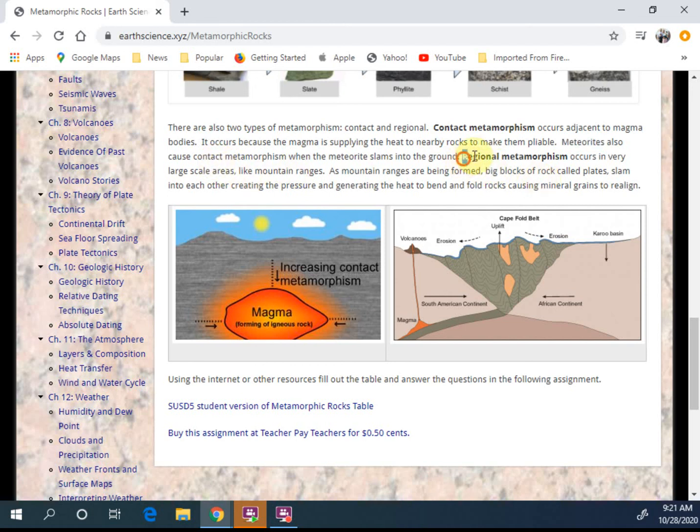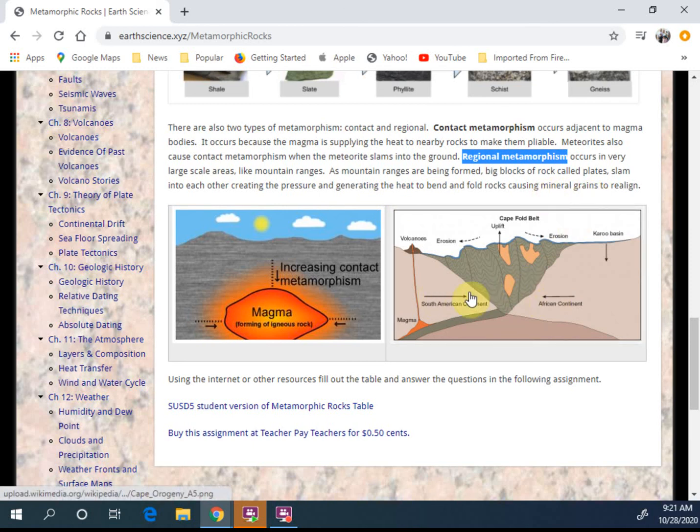The second one is called regional. Regional metamorphism occurs in very large scale areas like mountain ranges. As mountain ranges are being formed, big blocks of rock called plates slam into each other, creating the pressure and generating the heat to bend and fold rocks, causing mineral grains to align.